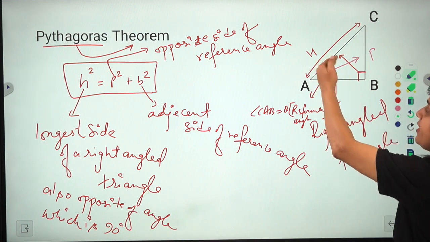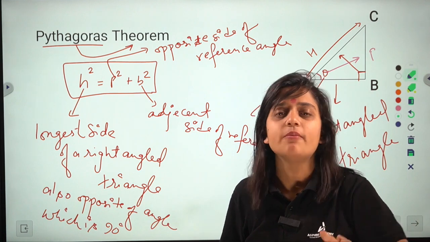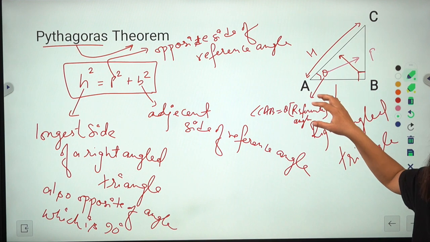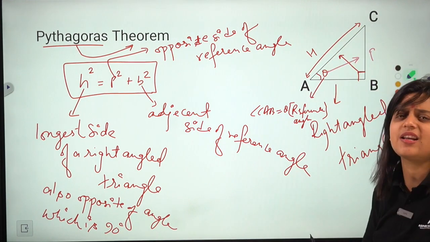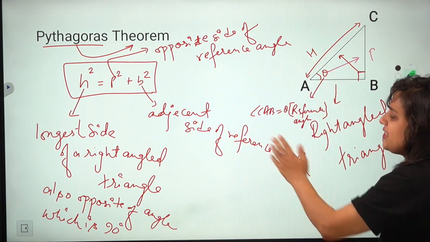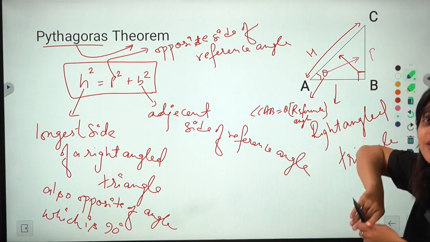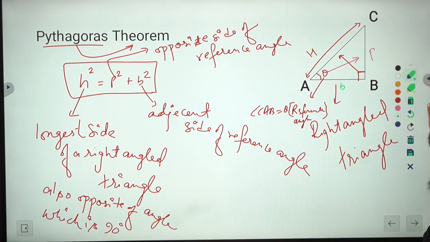One is this, one is this. Adjacent means bagal wala, the one next to it, just beside it. So this reference angle has two adjacent sides. One is the hypotenuse and one is this one. But we will not consider the hypotenuse as an adjacent side because it is the hypotenuse. We have already given it the name. The remaining side is this one and this is the base. Clear?